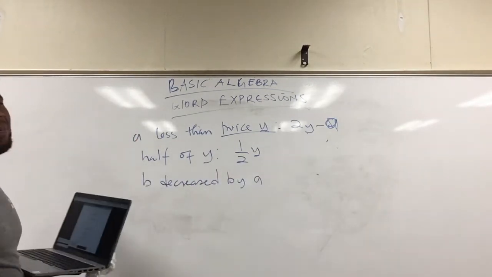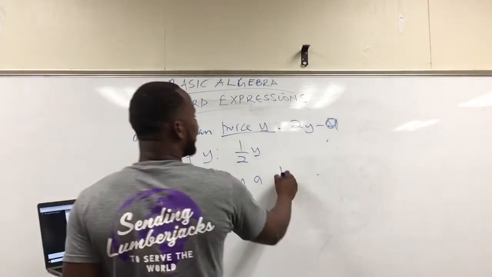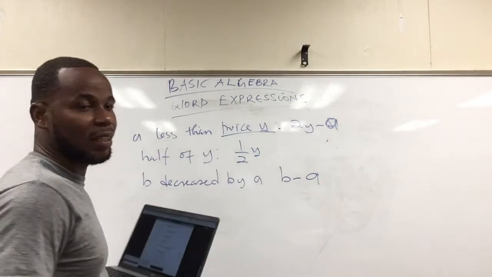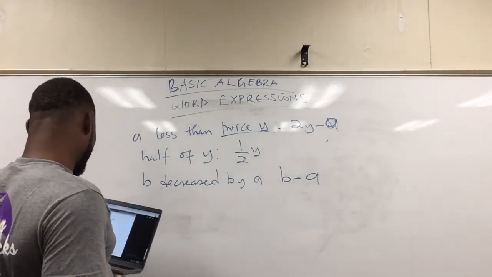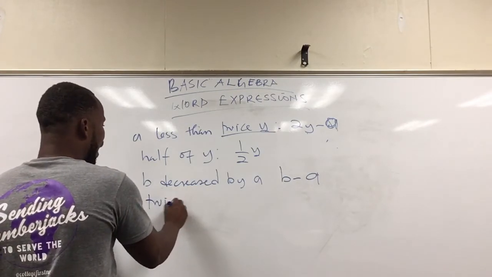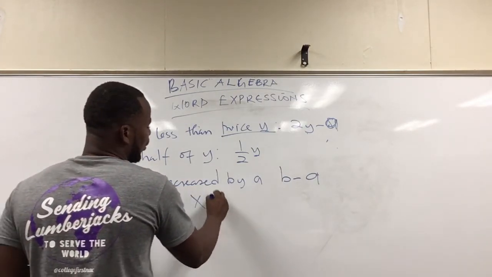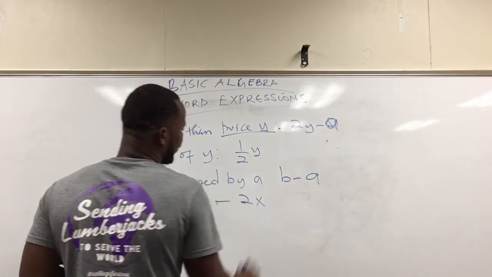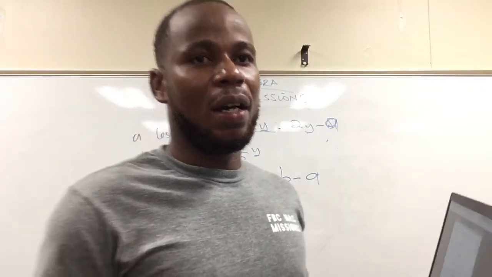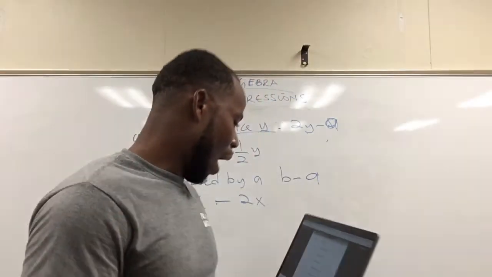If you decrease b by a, that means there's a b and you are removing a from it, so b minus a. So remember, we have twice x, which is 2 times x. Those are basic stuff that you have to remember about expressions.